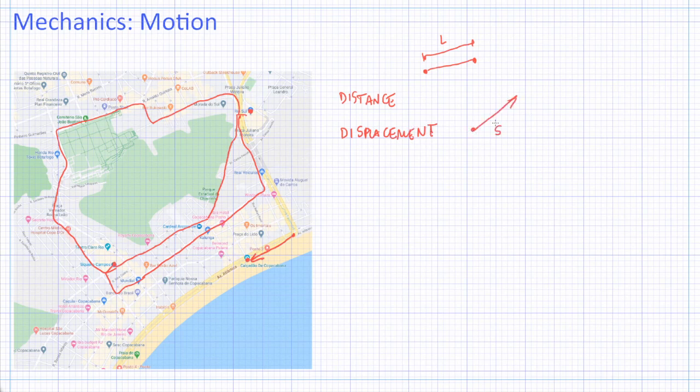So usually we use the letter S. Right, so displacement here, this would be our displacement, and then we could even work out, for example, if this is up to scale, how many squares do I have here? So 4. How many squares do I have here roughly? So around 8.